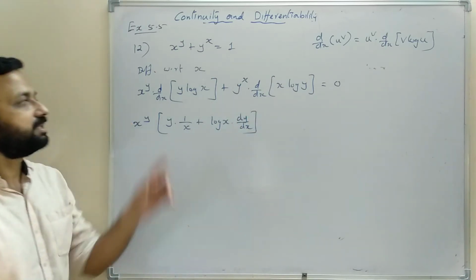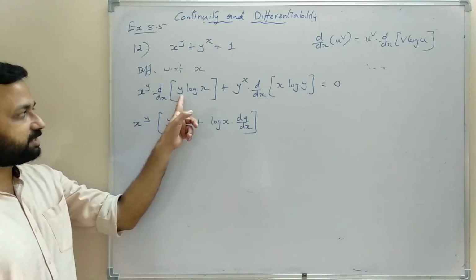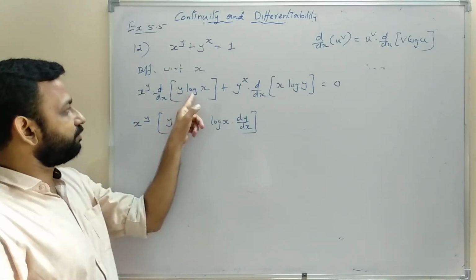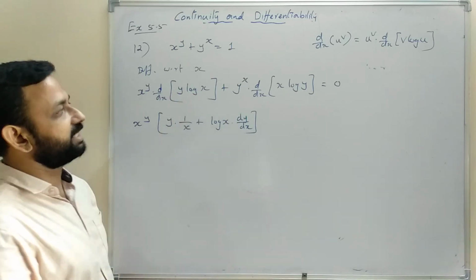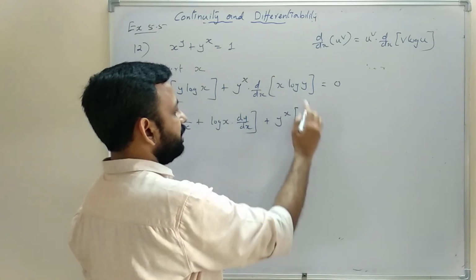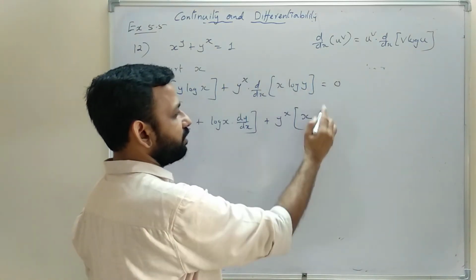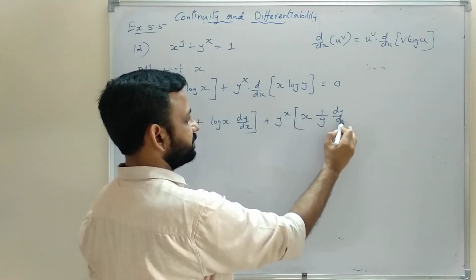Once again, x raised to y, then we will find the derivative, first function into derivative of second, y into 1 by x plus second function log x into derivative of y, dy by dx, plus y raised to x, again x into derivative of log y, 1 by y into derivative of y, dy by dx.